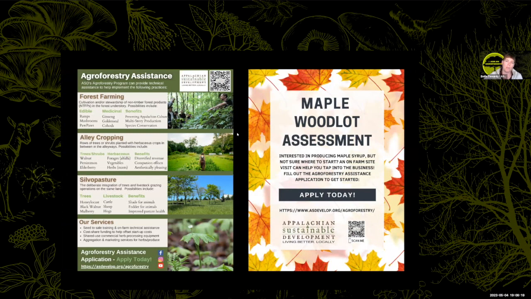You can share a little information with us, and someone will get back to you and provide you with technical assistance. That might be anything from an email share of resources to a phone call or a video meeting, or, funding and location dependent, we can also work on site visits if such a thing is called for.